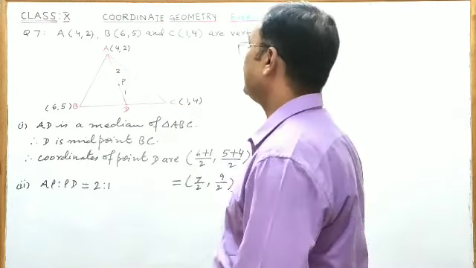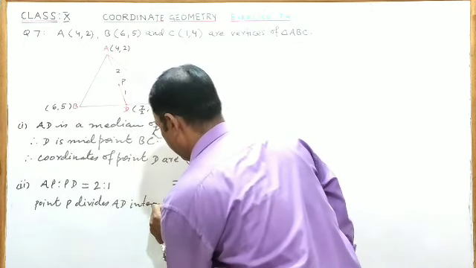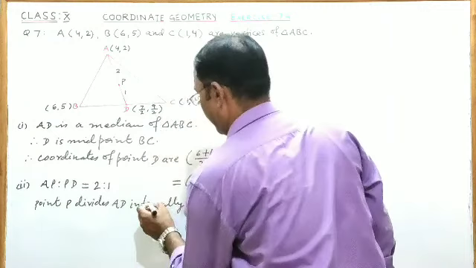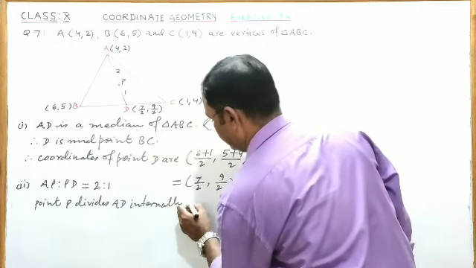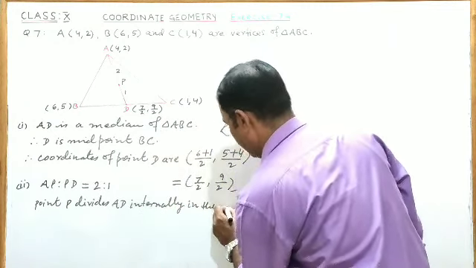Point P divides AD internally in the ratio 2:1.